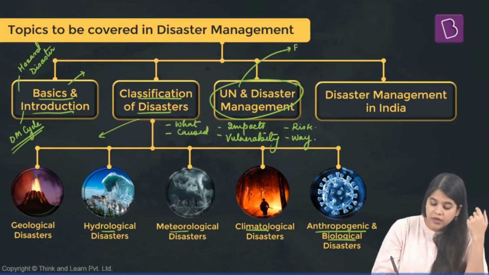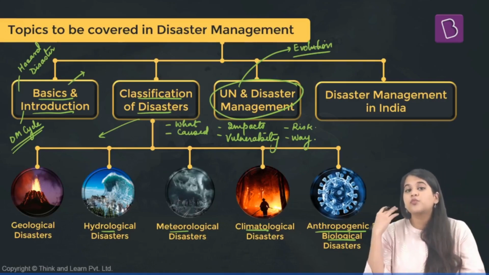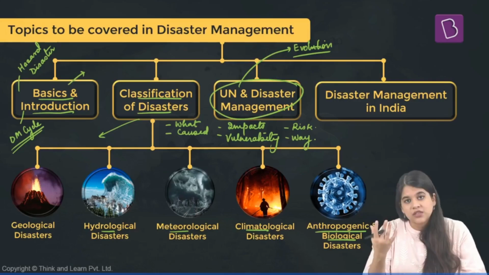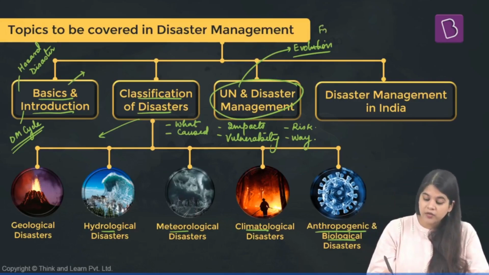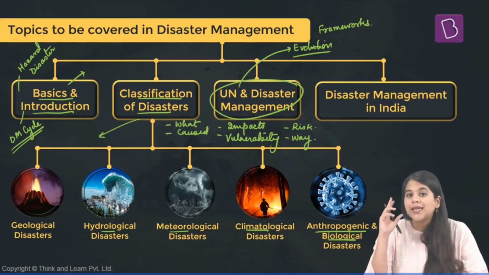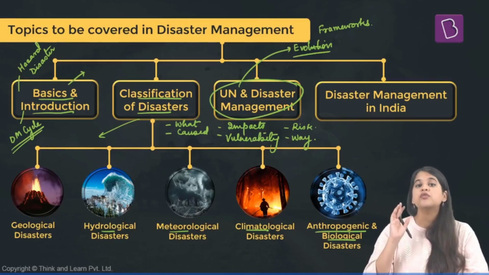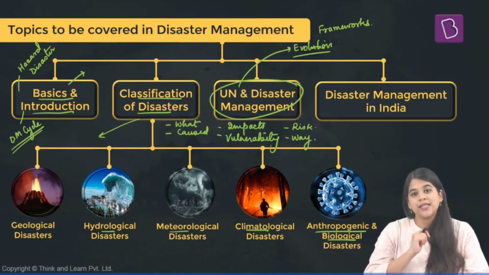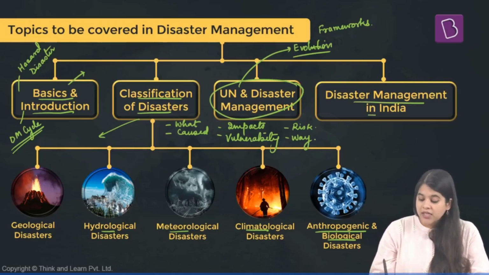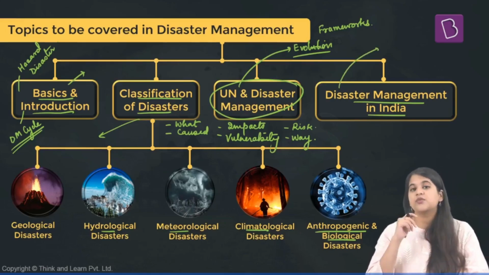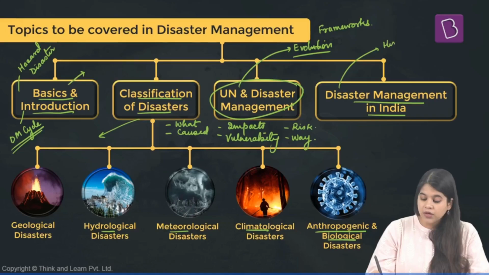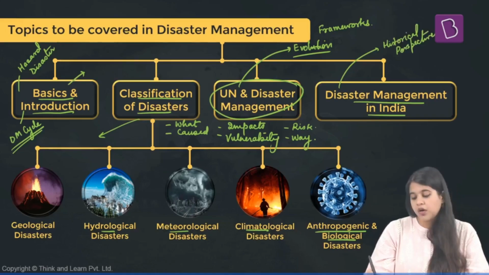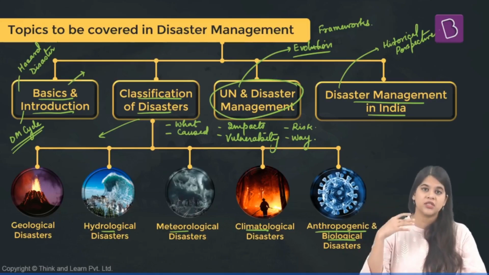How historically there has been an evolution towards the response that we give to the disaster, and what are the various frameworks that have been developed at an international level to reduce our exposure, to reduce our losses due to any disasters. Next, we'll come to the disaster management in India, a historical perspective on how our response towards disasters has evolved.